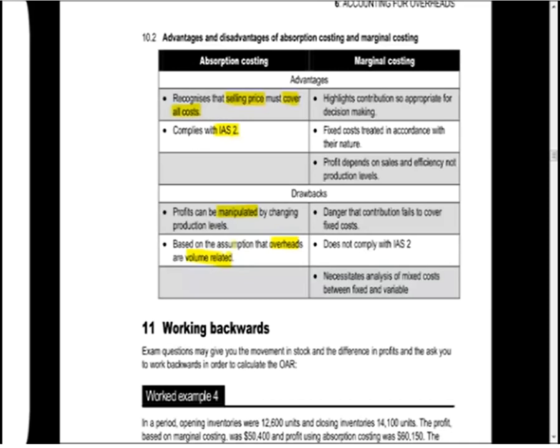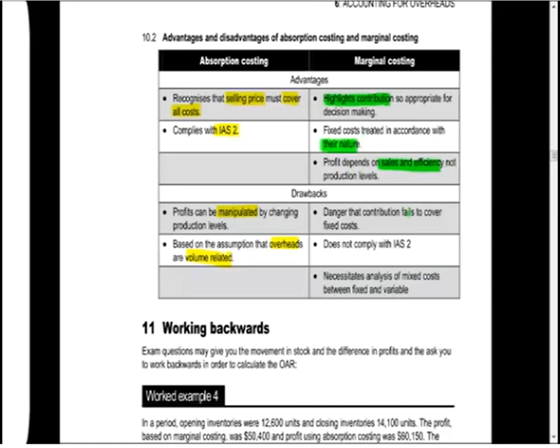The advantages and disadvantages of marginal costing are really the opposite. It highlights contribution, so it is useful for decision making, because when you're making a short-term decision, you just need to consider the marginal production costs. We treat fixed overheads for what they are, period costs, and our profit depends on sales and efficiency rather than production levels.